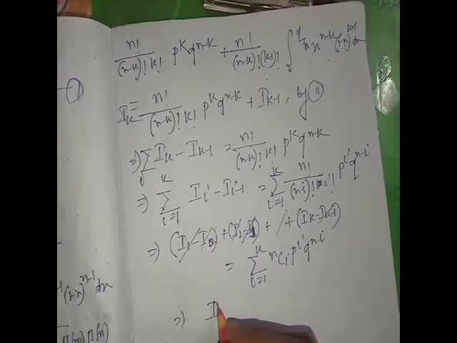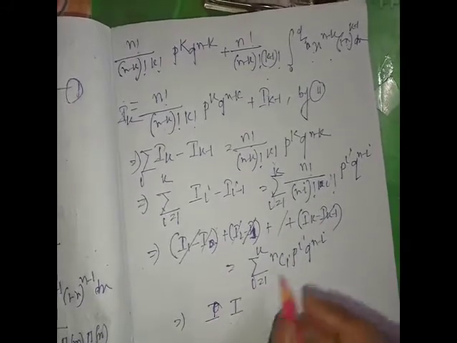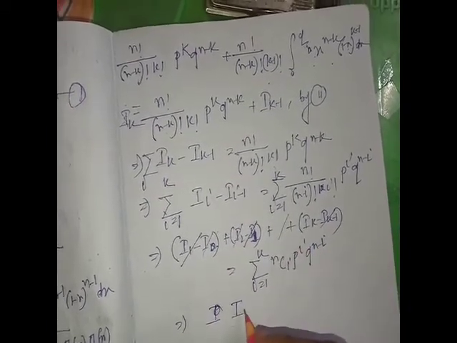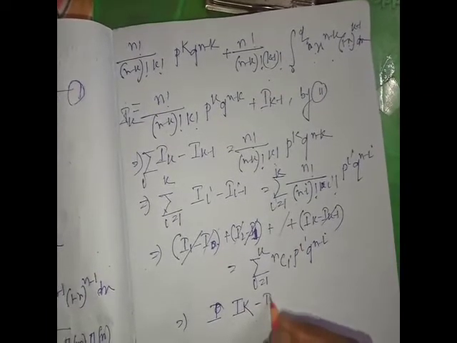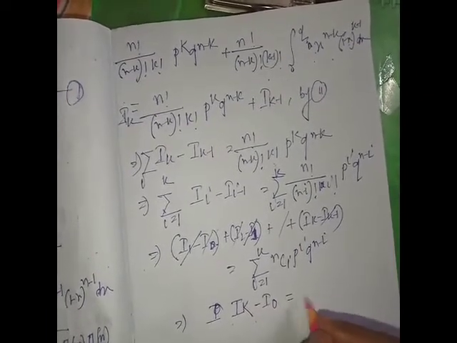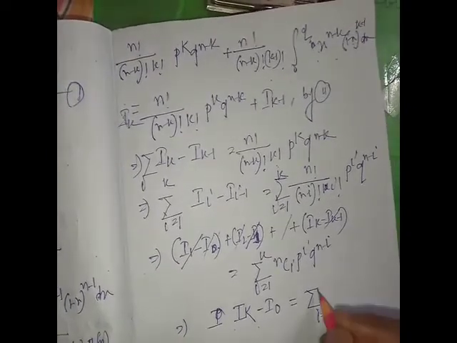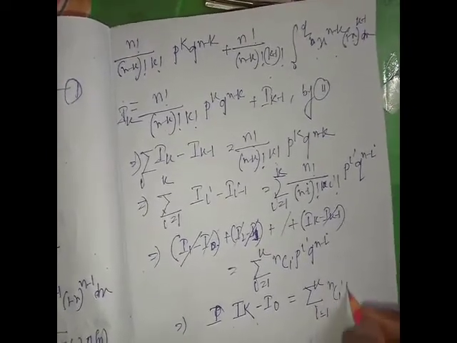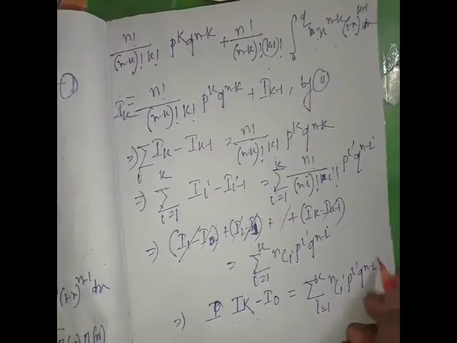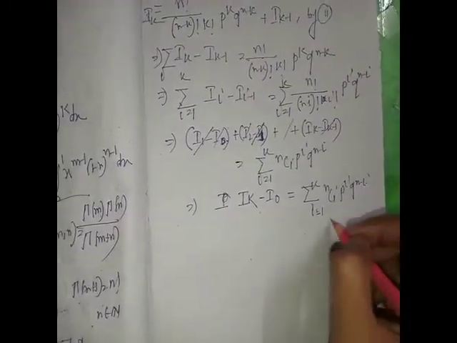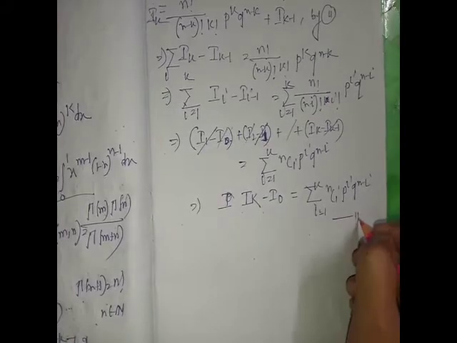So we get I k minus I0 equals summation from i equal to 1 to k of nCi p to the power i, q to the power n minus i. This is number 3.